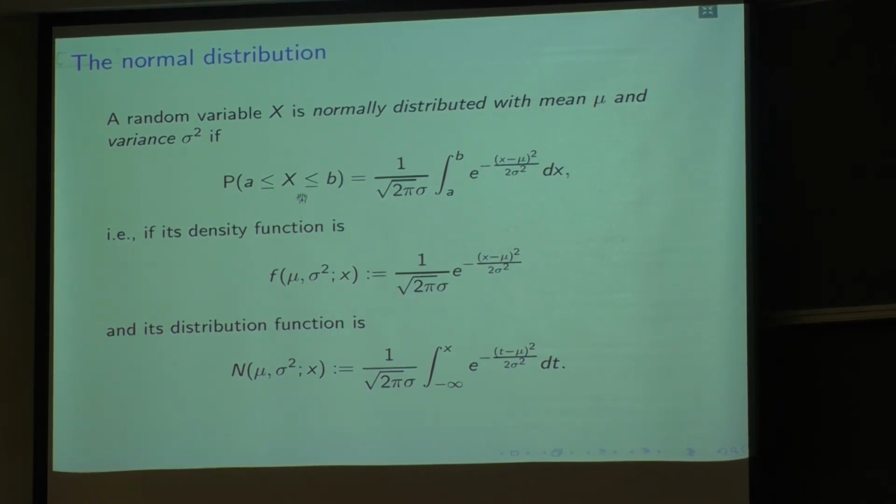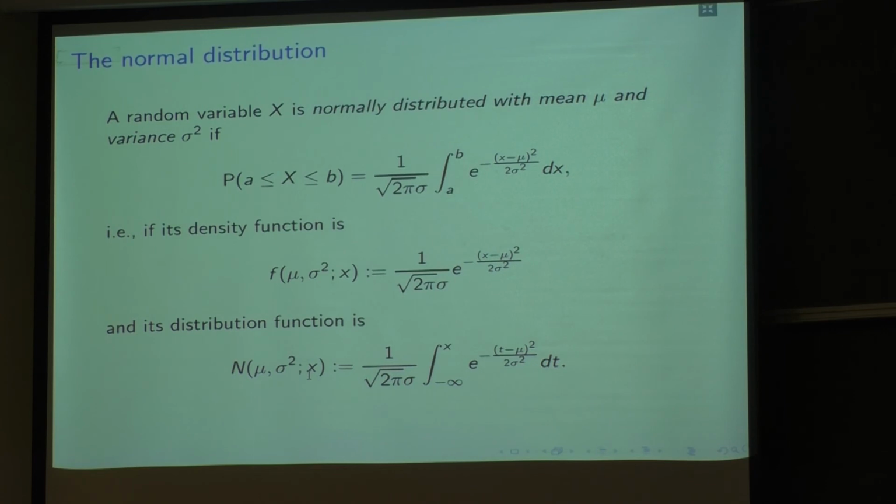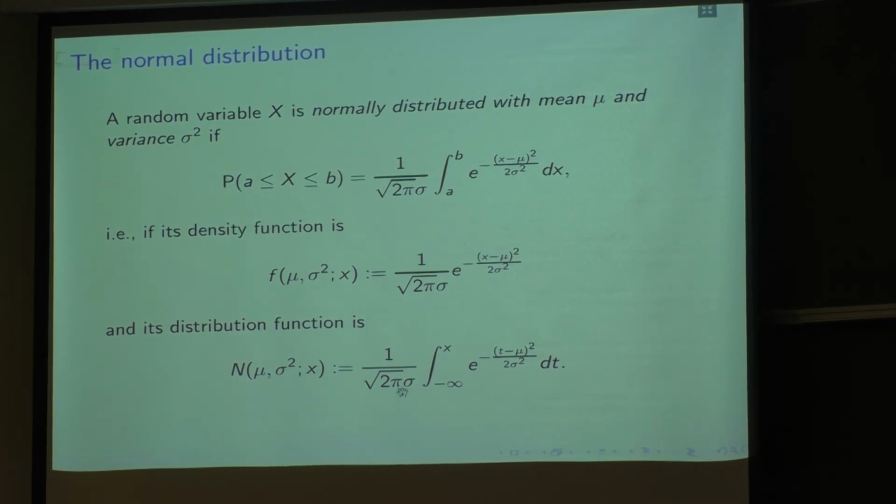So if you want to know the probability of your normally distributed random variable with mean mu and variance sigma squared to be between a and b, what you have to do is integrate this density function between a and b, which is what I've done here. And then if you want to talk about the distribution function, which I'm calling n at the value x, well, that's going to be the integral of the density function from -infinity to x. And that's the probability that your big X is less or equal to your small x.